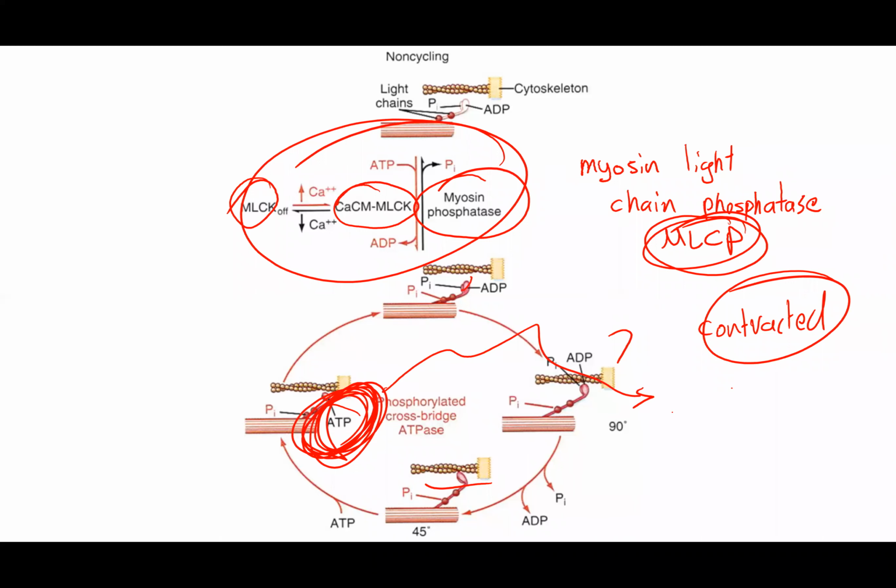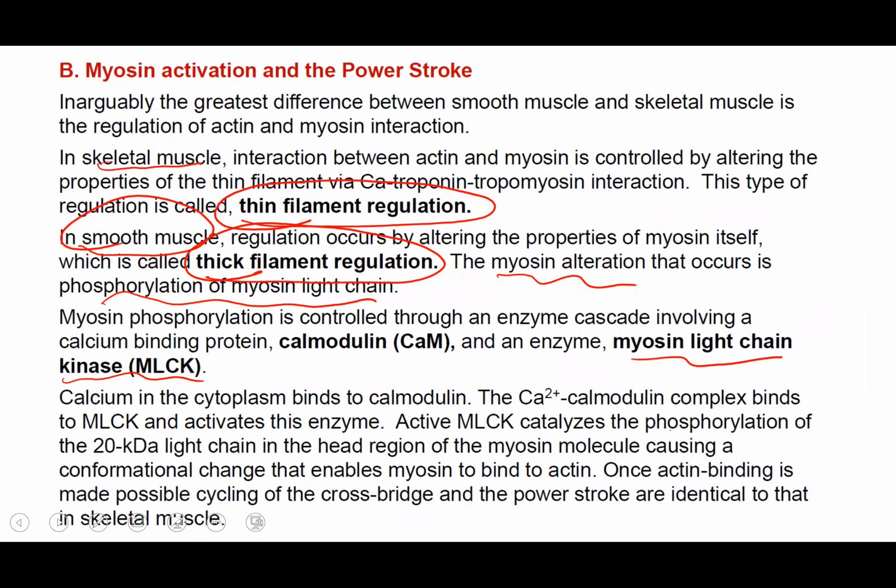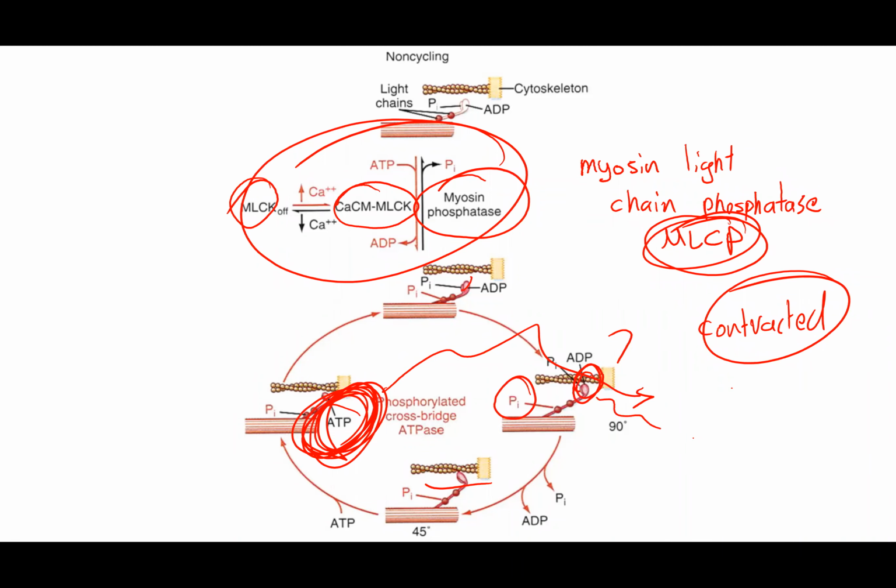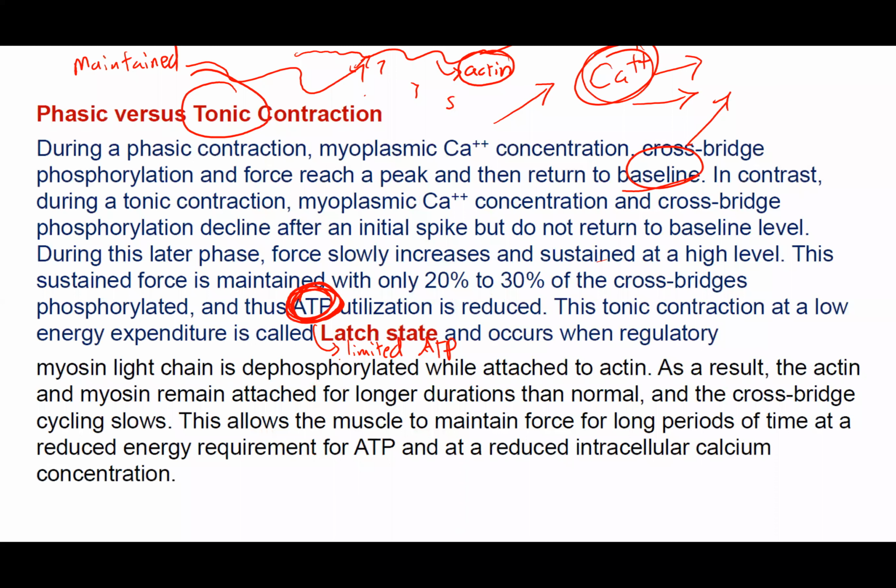This phosphate group over here gets dephosphorylated while it is attached to the actin, and this maintains the contraction. I lost the slide. All right, this maintains the contraction. That's literally all a latch state is. It's just to reduce the energy requirement.